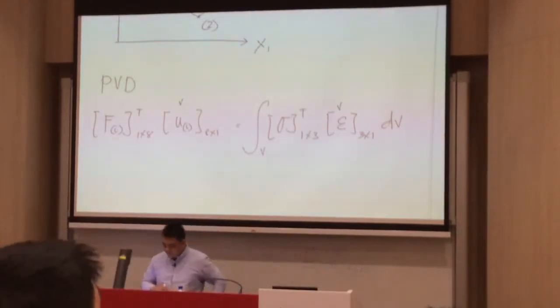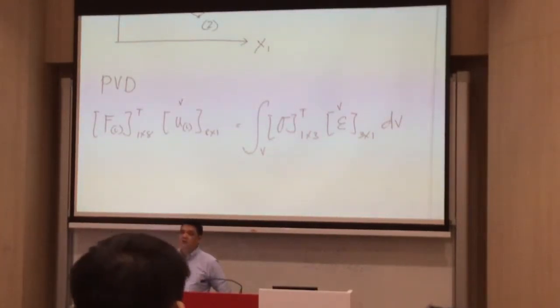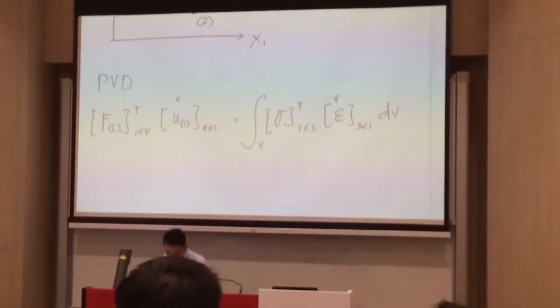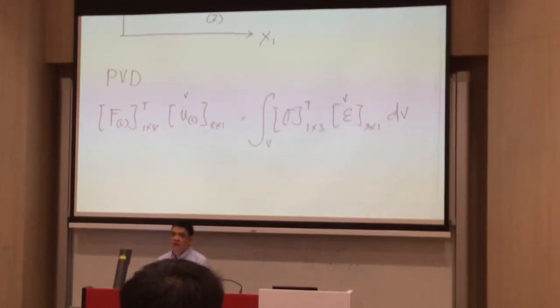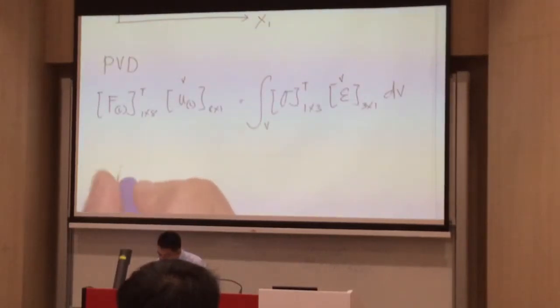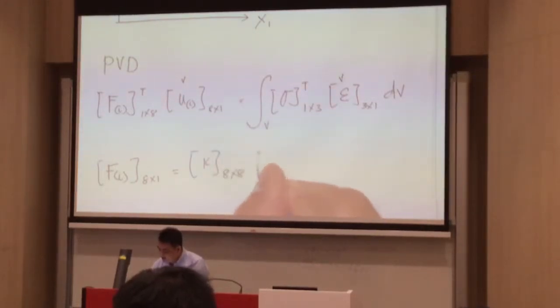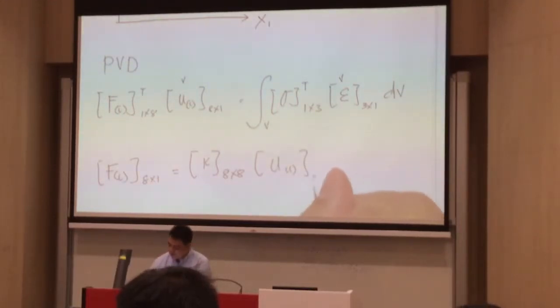Okay, so what do we intend to do here? Knowing that F equals K multiplied by U, we need to find an expression for K. So I'm just going to write what we need to expect from this. Your equation for finite element will be this one here, equal to your stiffness matrix 8 by 8 multiplied by your displacement, which is 8 by 1.